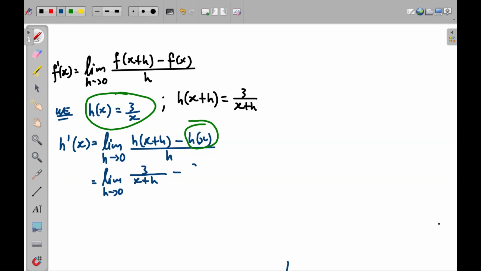You will notice in this case, I will not make a big deal of brackets because my h of x is exactly one term. It's literally a single term, so the negative is not going to catch me off guard here. But I want to emphasize again, if h happens to be more than one term, you do need to use brackets. Now, there are two ways to work around this.